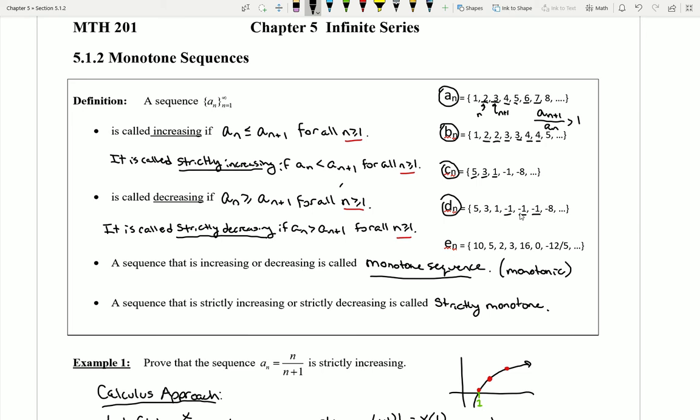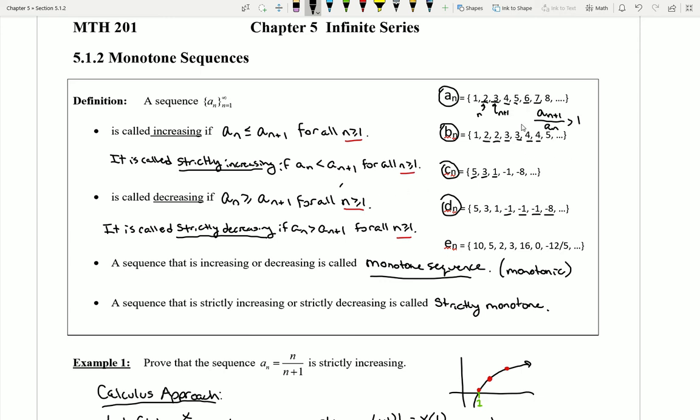Notice here, this sequence is definitely going down over time. However, when I take the division of two of these terms, like -8 over -1, I get +8, which might lead me to think that this is increasing. However, that's not the case.